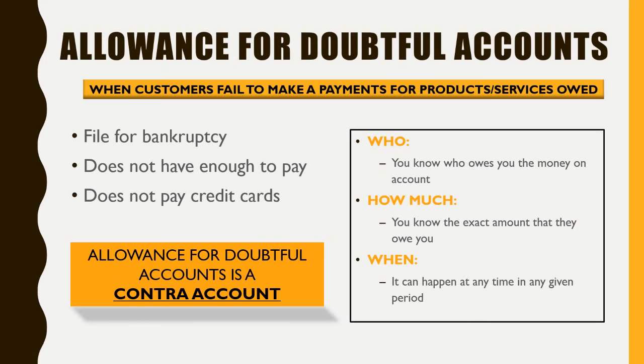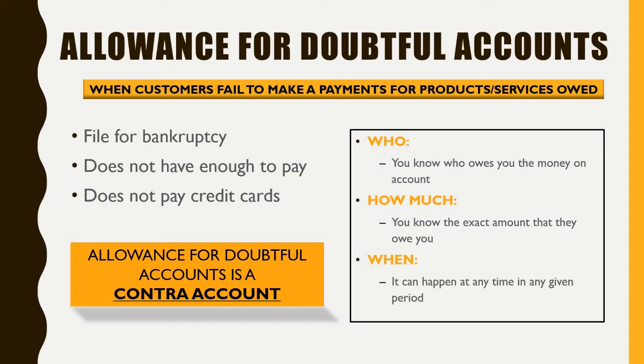For those days when customers default on their payment, we have an account called allowance for doubtful accounts. When your customers fail to make their payments, you take the amount they owe you and place it in this placeholder called the allowance for doubtful accounts. That's obviously within context as well.